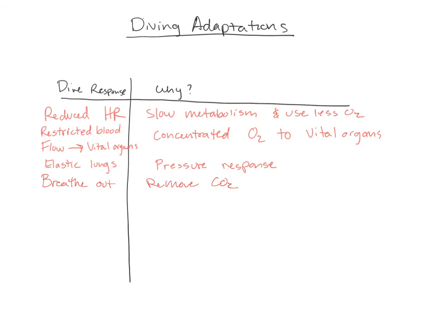With that, there's another thing called apneustic breathing, which is taking a bunch of exhales and then holding your breath, and that allows you to hold your breath longer because you remove the carbon dioxide from your blood.